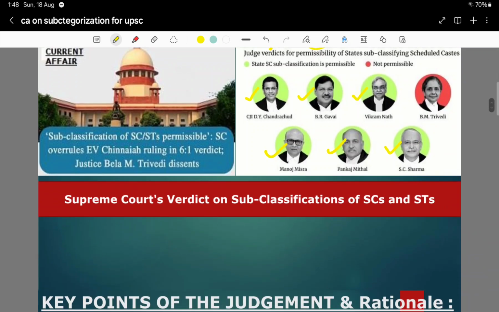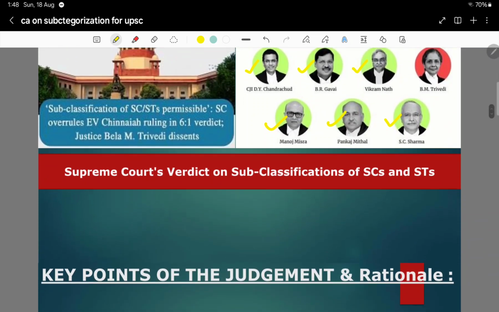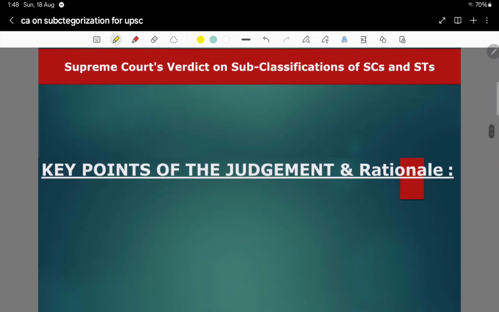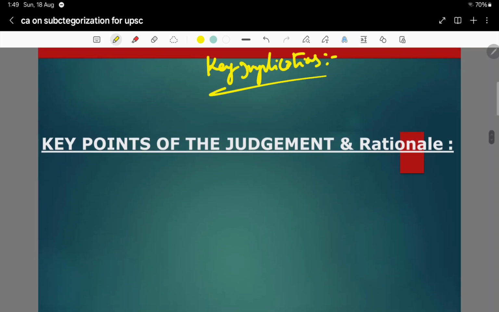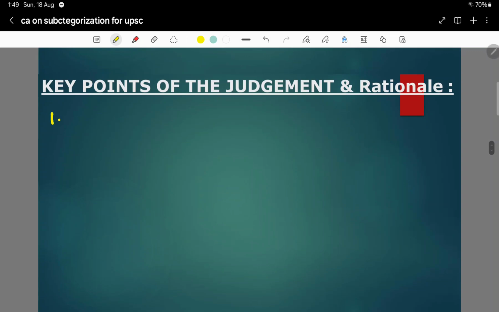Based on this, you should also remember that there are certain implications and analysis of the Supreme Court verdict, and it includes key implications like: subcategorization is permitted.